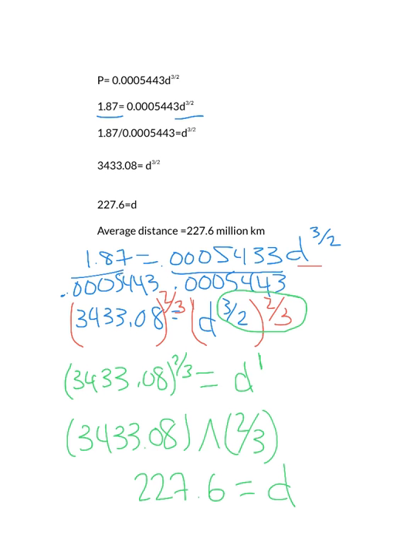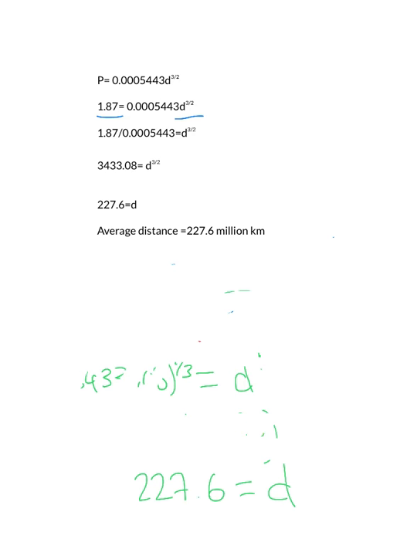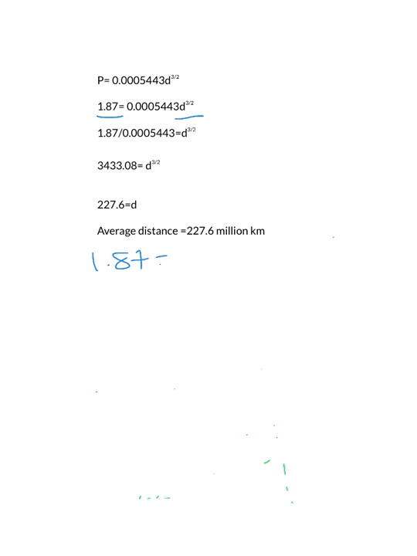Now, if you're doing it with your exponent being 1.5 instead of 3 over 2, it still works the same way. You plug in your 1.87 for your period. So you do 1.87 equals 0.000543 d to the power of 1.5.